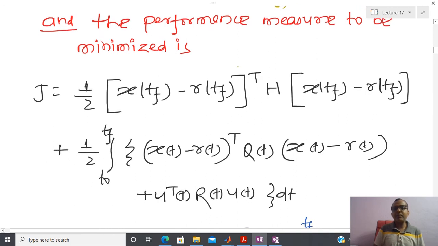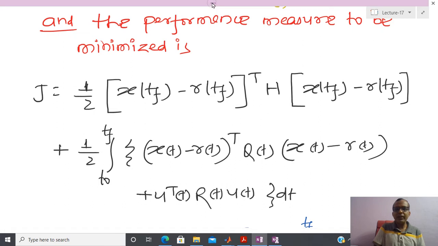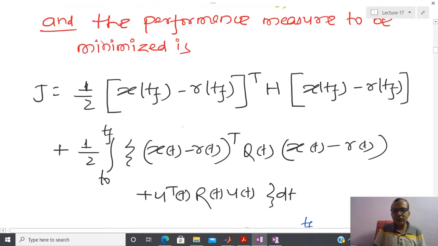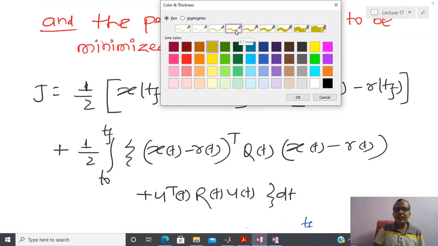Again, in the performance measure, I now have a little bit of correction. You try to see here that in this particular performance measure I am going to incorporate the boundary condition. By incorporating the boundary condition, we are able to define what happens at the terminal stage.